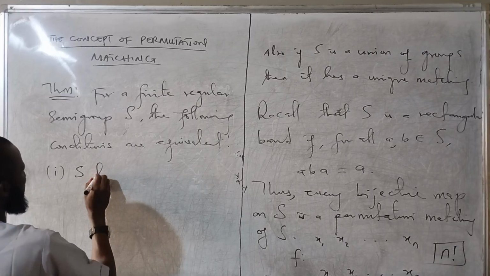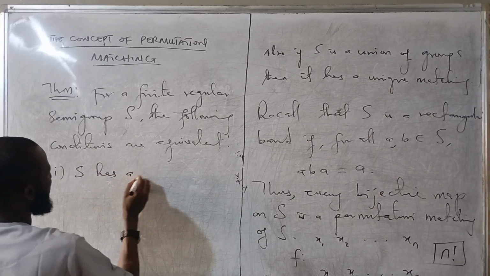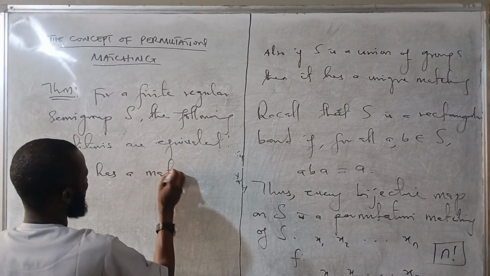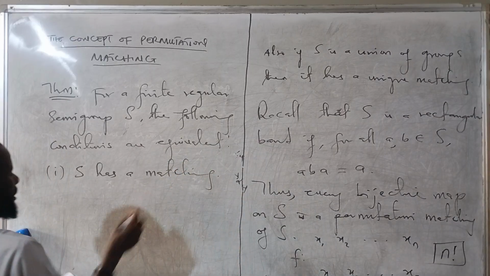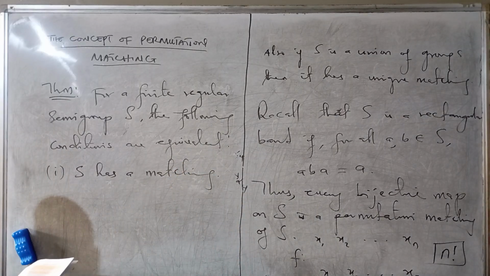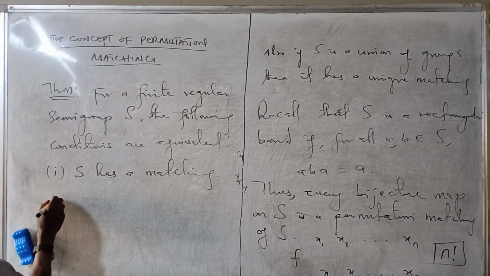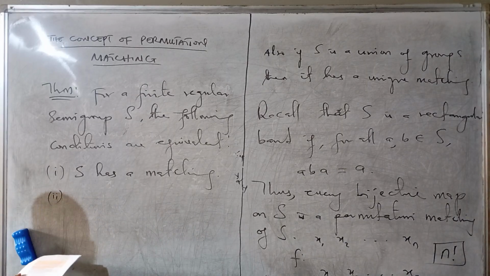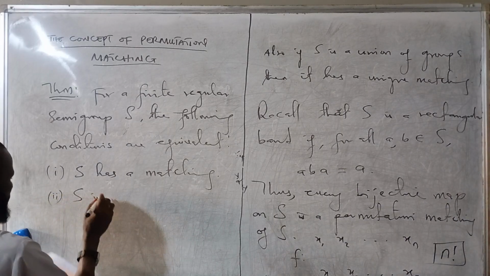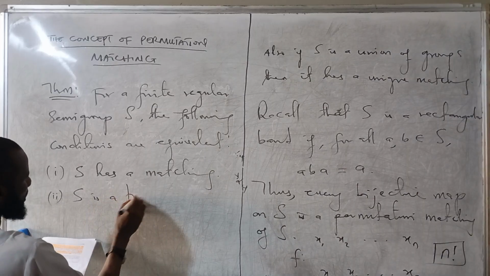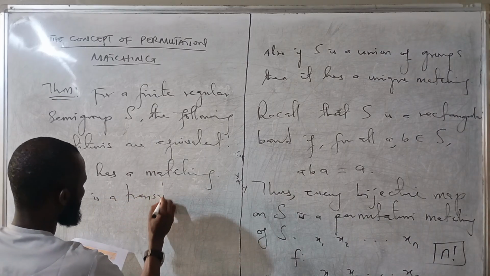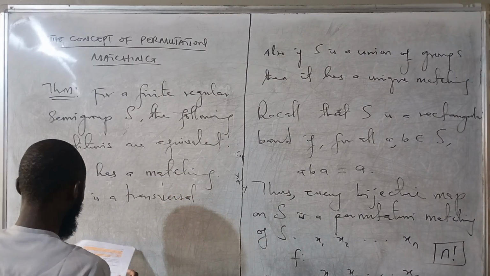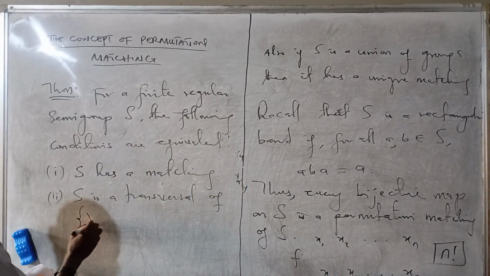To say that S has a permutation matching, actually I'm just shortening it by saying matching, is the same thing as saying that S is a transversal of this set.